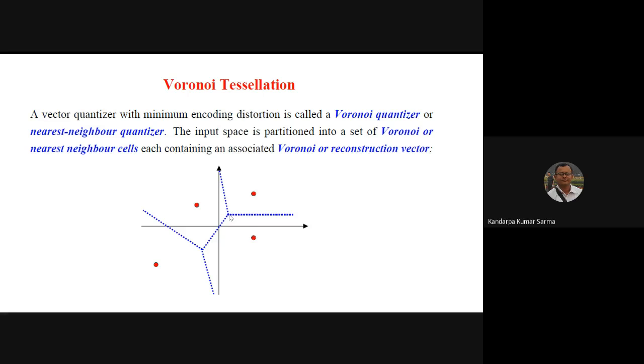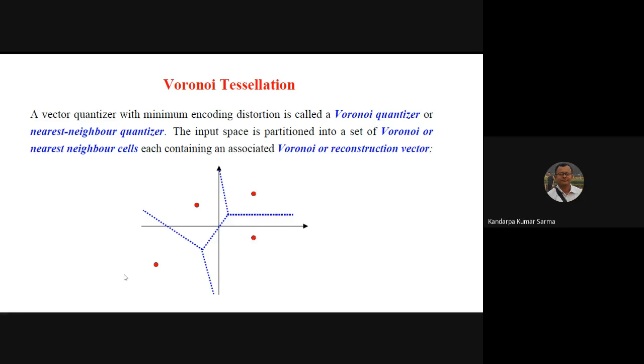So you can find here that the Voronoi quantizer shown in blue approximates the neighborhood that the quantized vector shall have.